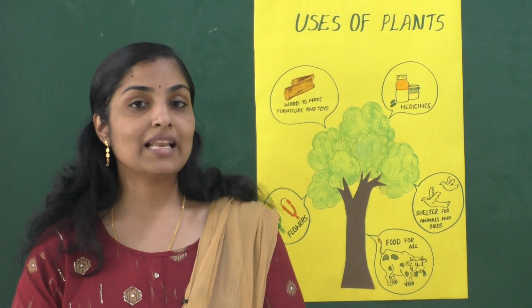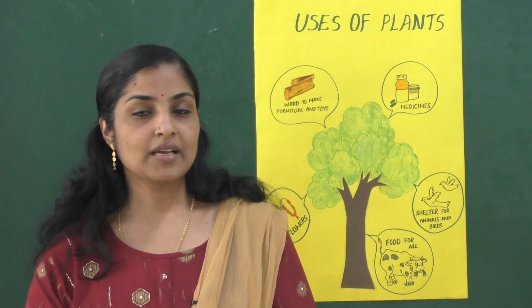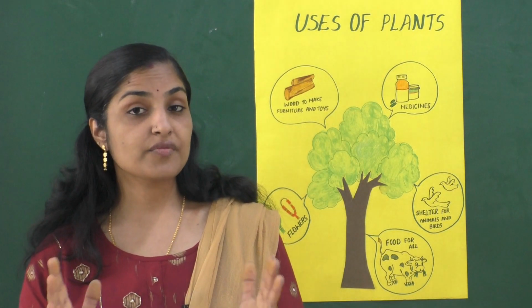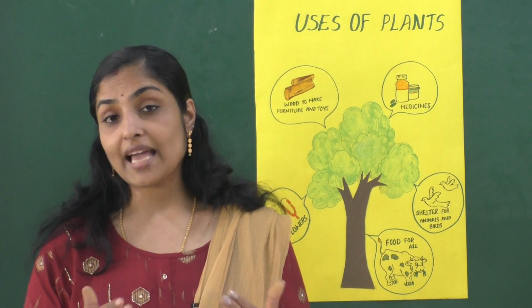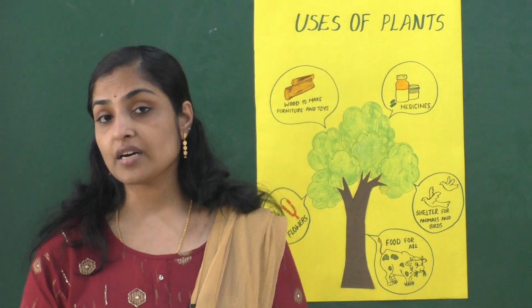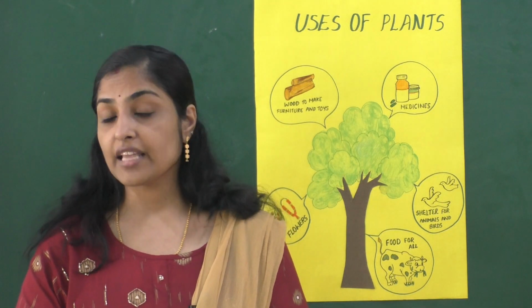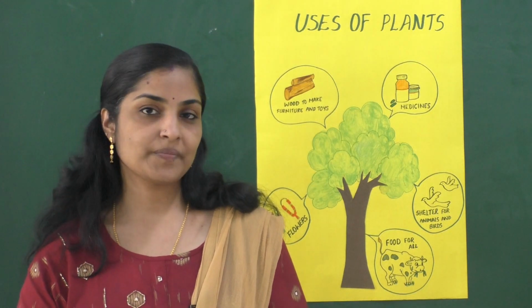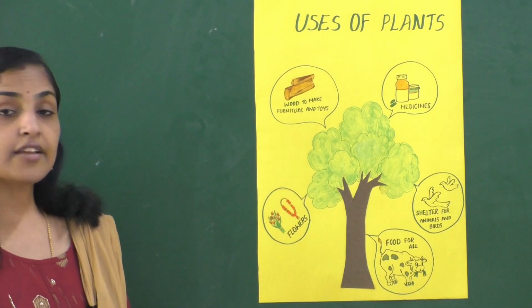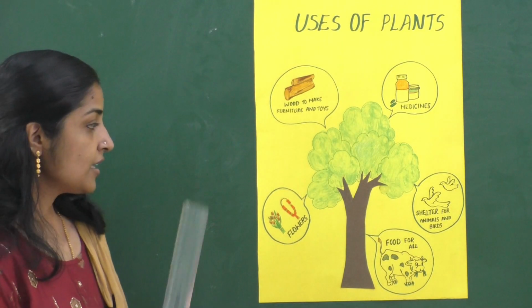So now let's see uses of plants. Okay children, plants are very useful to us. Plants and trees give us oxygen to breathe and they also keep the air fresh. Now let's see a few more uses of plants.